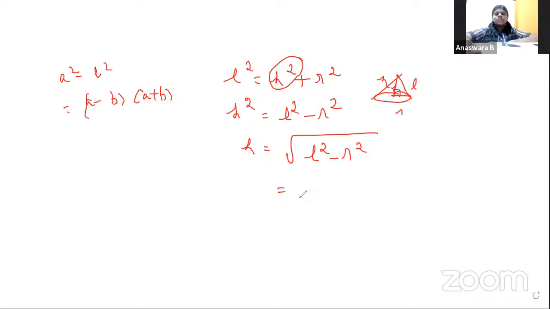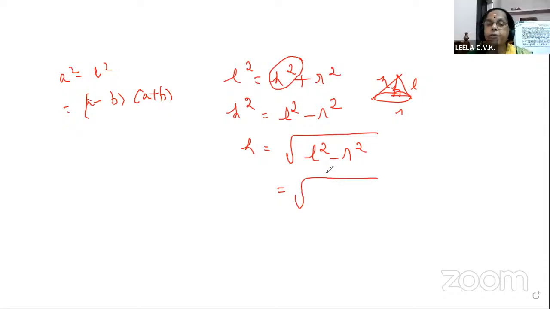So here this is L plus R into L minus R. L we found out, so L is equal to 70. So 70 plus 56 into 70 minus 56.